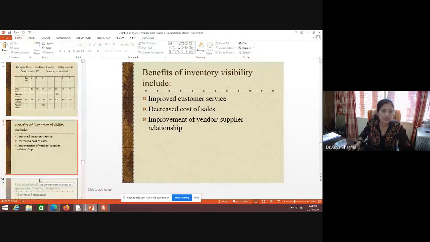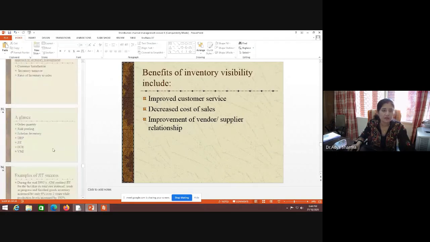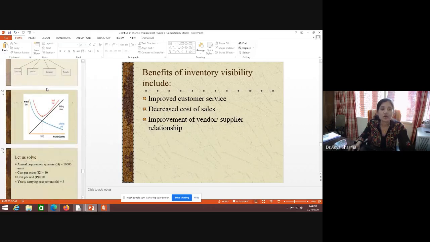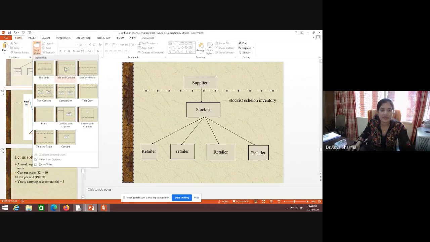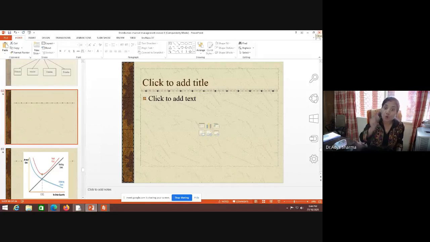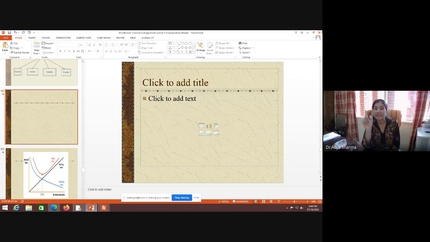Economic order quantity is that amount or that quantity of inventory which ensures that the total cost incurred on inventory is the minimum, which means that if we order 500 units, the total cost incurred on the inventory is minimum at that point of time.